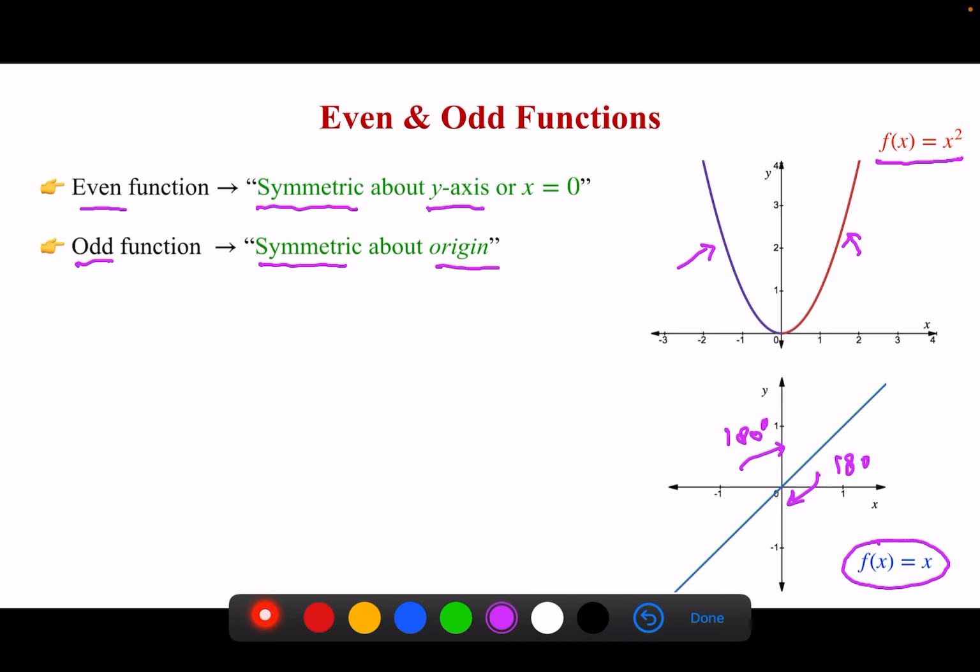If in the graph of any function there is no symmetry about the y-axis and about the origin, then that function is called neither even nor odd.